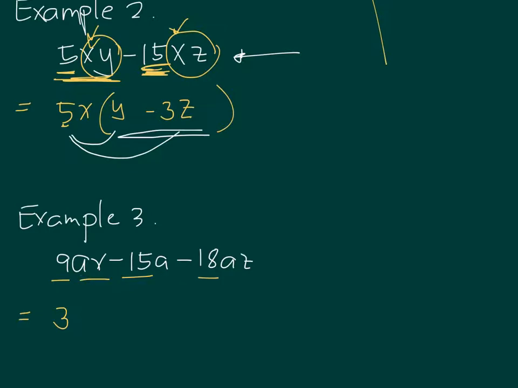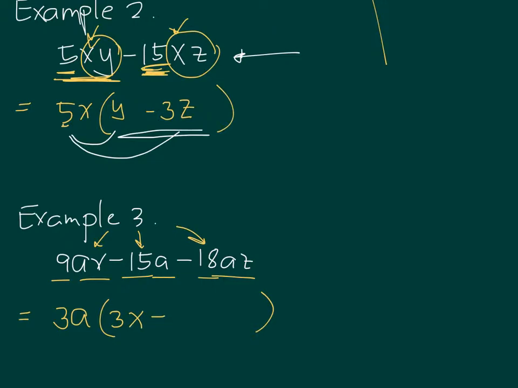For the letters, we inspect which letter is common to all 3. Not just any 2 of the 3. It should be for all, and you should see that the common letter is A. So we can also factor out the A. So that will leave the first term as 3x, that's 9ax divided by 3a.